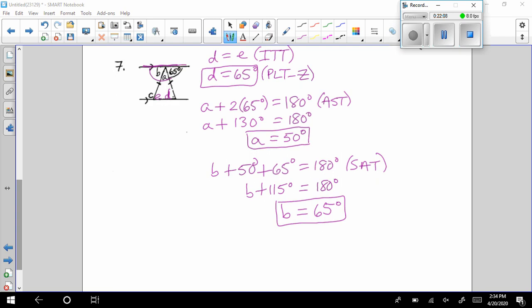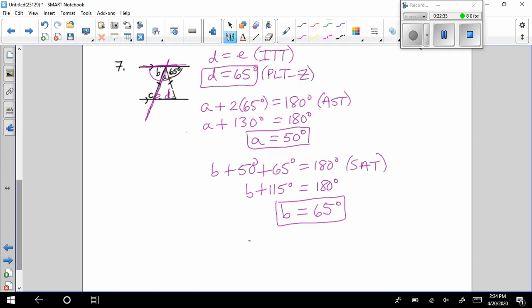I just need to figure out angle C now. And angle B and angle C are on the inside, in between these parallel lines, and they're on the same side of the transversal. So you have to see that this side length in that isosceles triangle is actually a transversal cutting through the parallel lines.